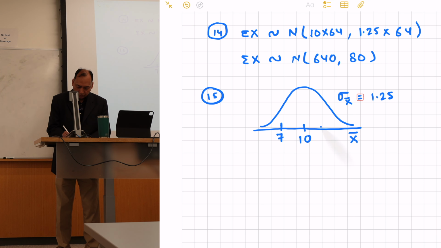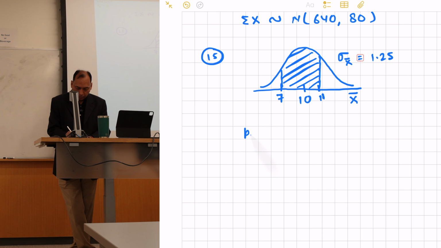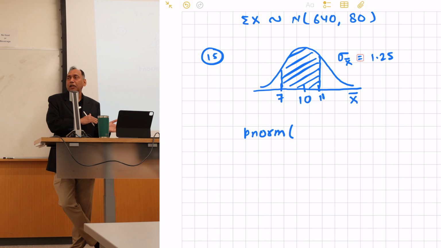So 7 may be somewhere here, 11 may be somewhere here. So this area. We use pnorm, and then area to the left of 11 minus area to the left of 7. So that should give us the answer.